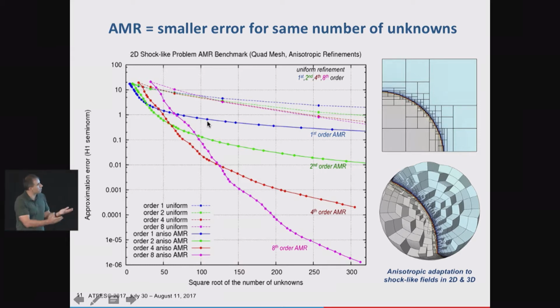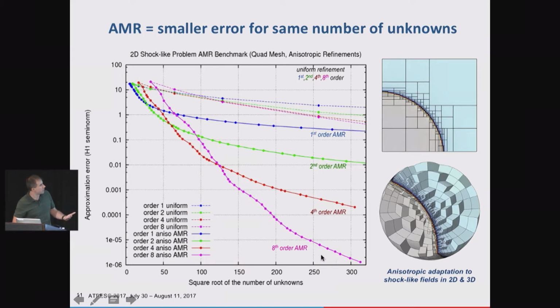Adaptation in this particular case uses an anisotropic error estimator. As you can see, there are elements that are refined just in one direction. And for a fixed number of degrees of freedom, you get much smaller error if you do adaptation. In fact, the higher the order, the bigger that difference is.